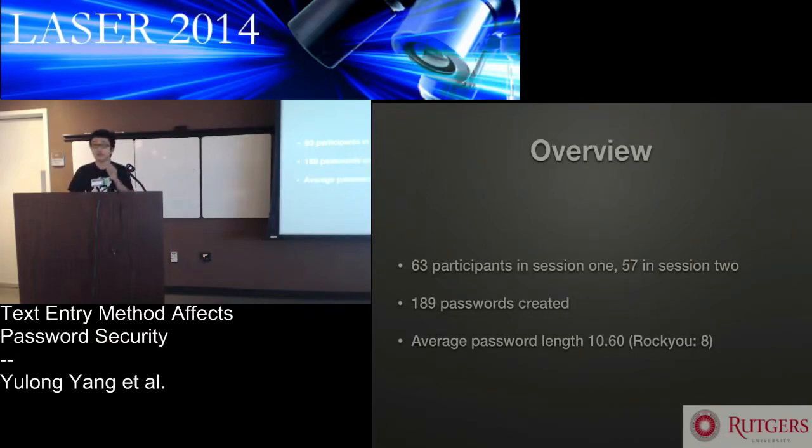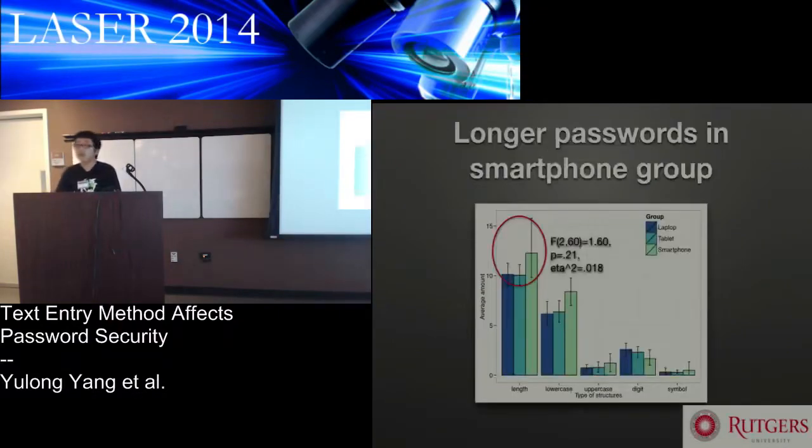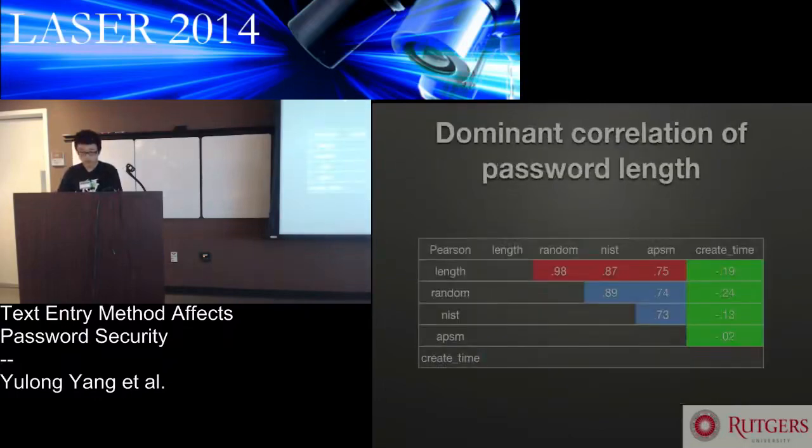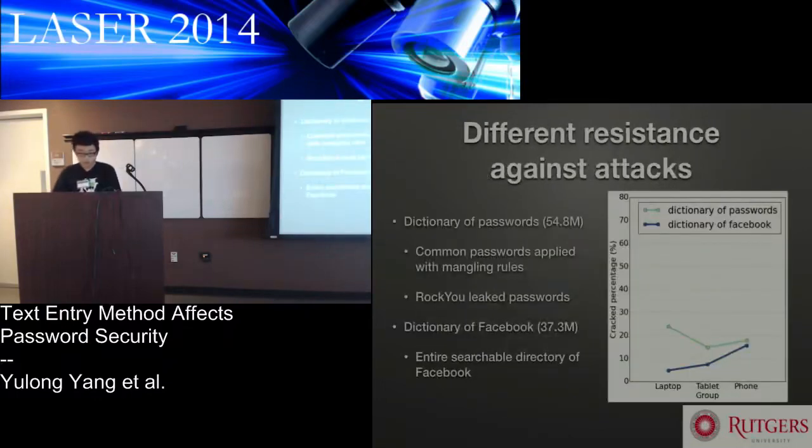And in the next few slides, I'm going to talk about how we probably need a non-lab study, a field study, for this particular topic. Also, we asked them not to reuse their passwords, because we found in pre-trials that a lot of people reuse their passwords, so we asked them to create new passwords, which also affects the results.